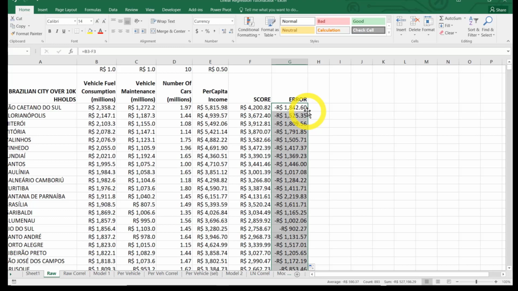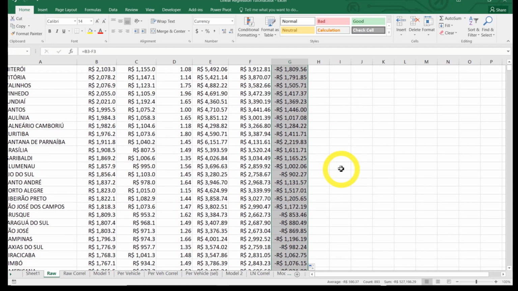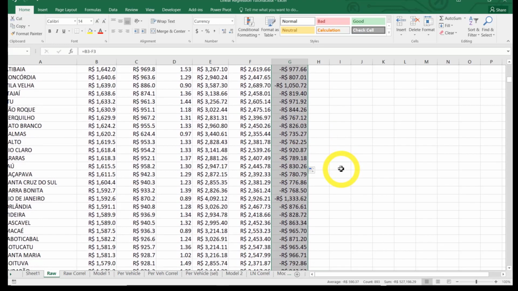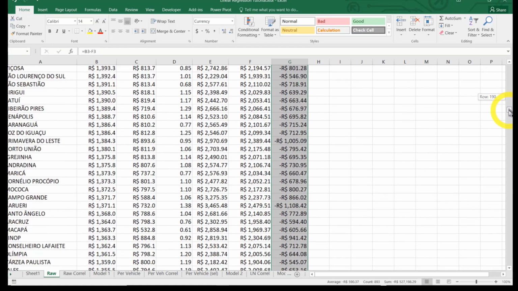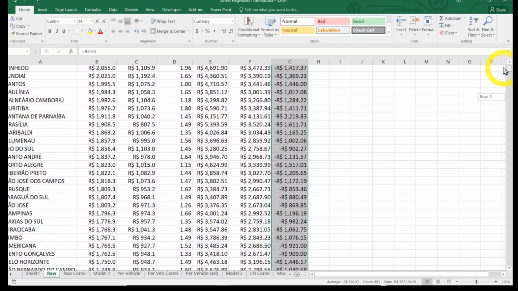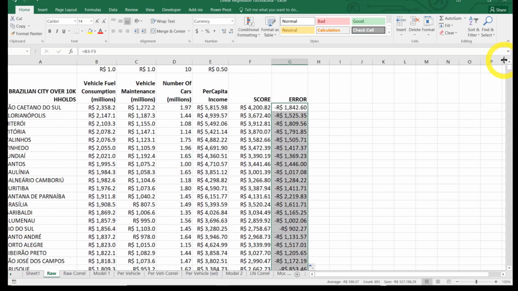And I copy that down. That gives me the amount of error I committed in every city. So it looks like I'm overestimating fuel consumption in each city using my weights there. So by how much am I overestimating or underestimating? I can do that by taking the sum of that.